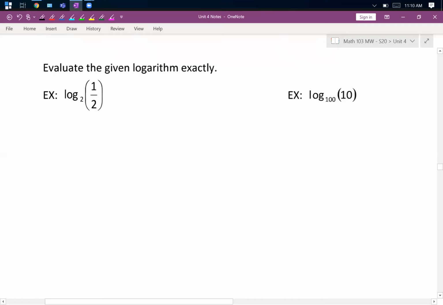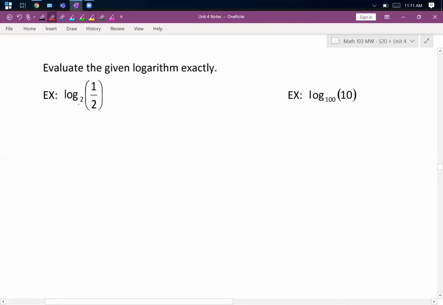But our knowledge of exponents is pretty extensive. And we know that we can convert back and forth between logarithmic and exponential notation. So when we're asked to evaluate exactly, we're going to use our knowledge of exponents to help us answer this.